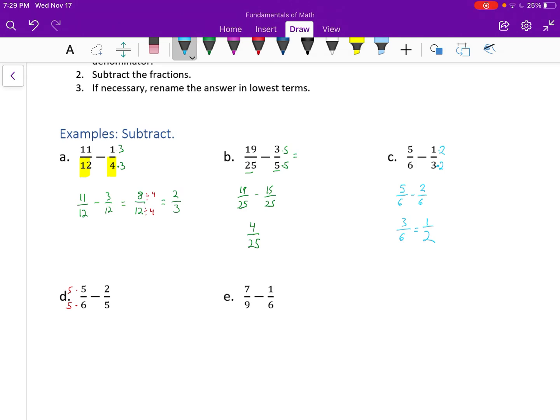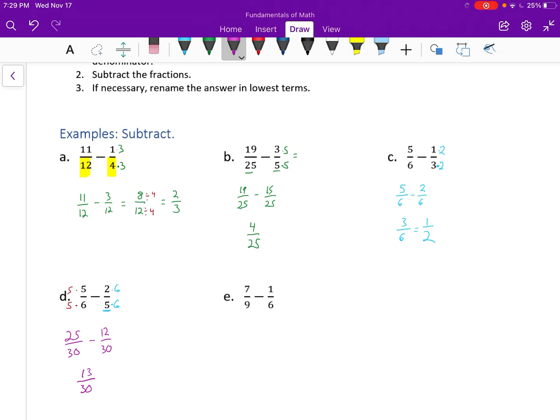And then on the second fraction, to get this 5 to be a 30, we have to multiply by 6. And that gives us 25/30 minus 12/30, which is 13/30. They don't have any common factors, so that is our answer.